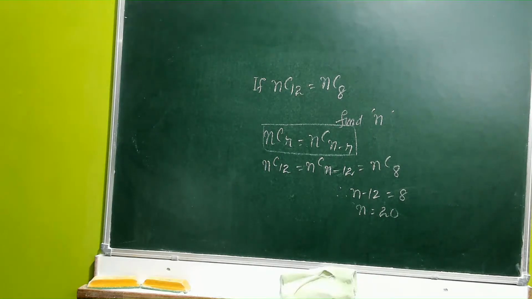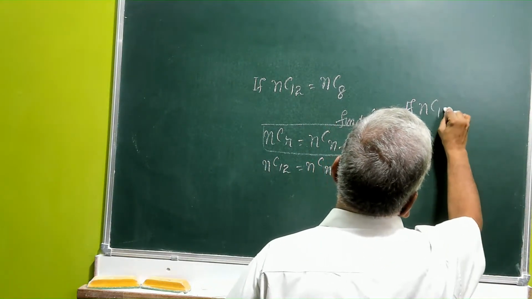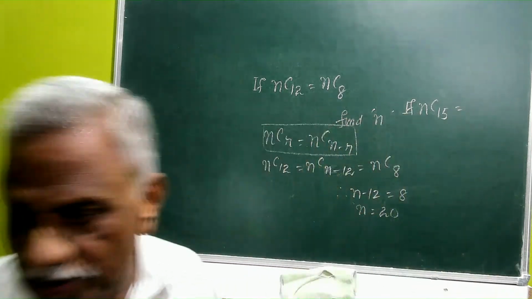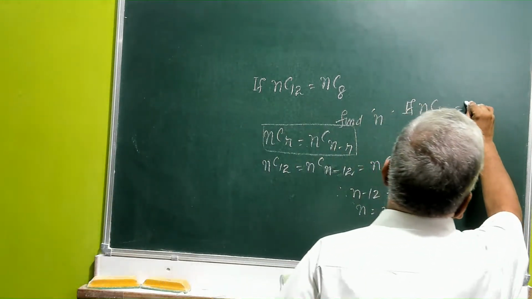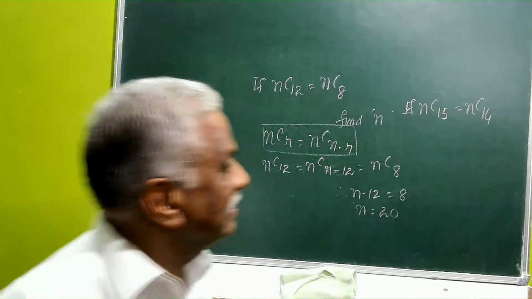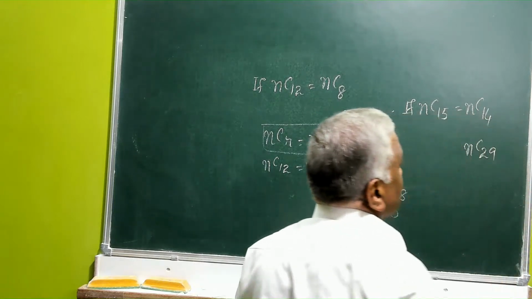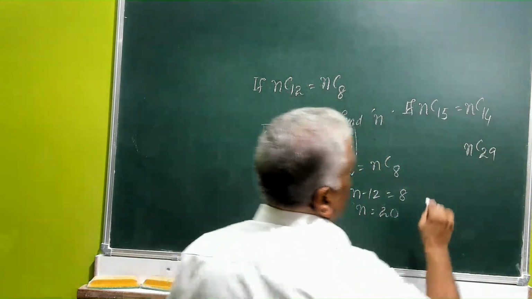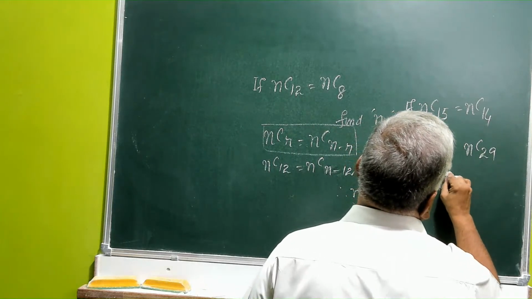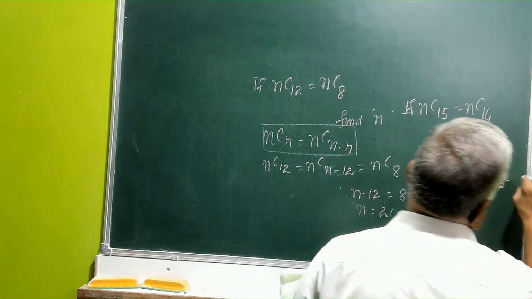There is one more similar problem. If nC15, this is also a CET problem, is equal to nC14, find nC29. So what is the method? nC15 is equal to nC(n minus 15).